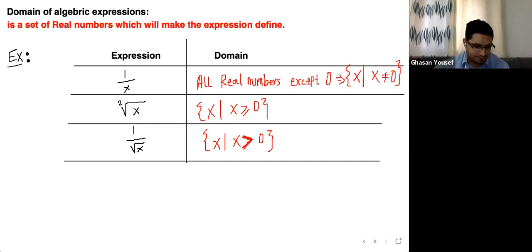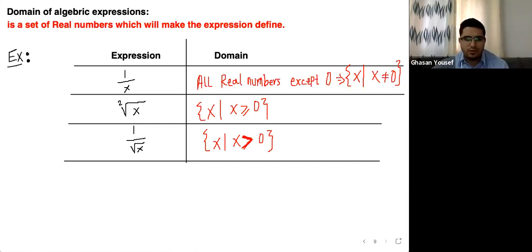Make sense? I cannot divide by 0. After this expression and this example, we get a small idea about the domain.